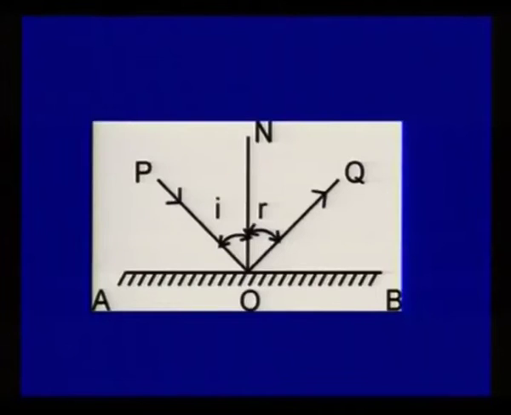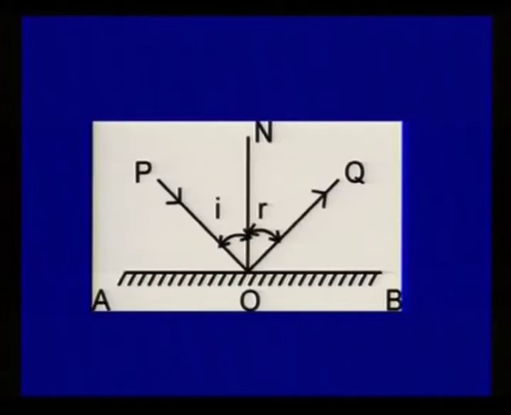Here there is a smooth and rigid surface, and the incident ray of light comes as PO and is reflected as OQ. PO is the incident ray and OQ is the reflected ray, and one normal is drawn. The angle between the normal and the incident ray PO is called the angle of incidence, and the angle between the normal and the reflected ray OQ is called the angle of reflection.